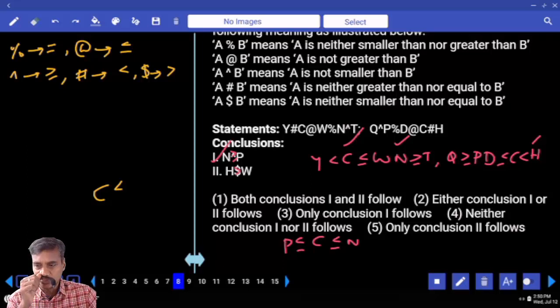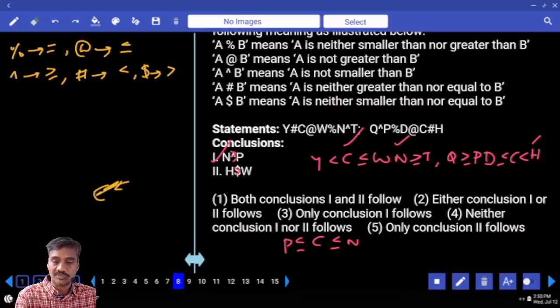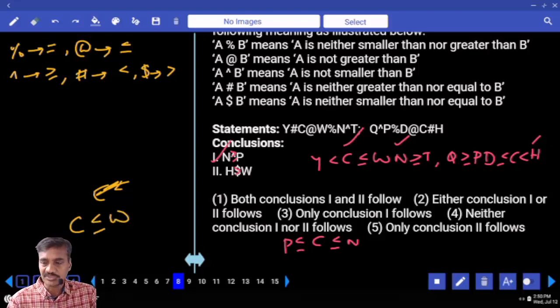Now C is common. Now we need to find out from H to W. C lesser than or equals to W, and at the same time C to H, C lesser than means H greater than. Hence two opposite symbols, no relation. So only one, choice 3, question number 8.